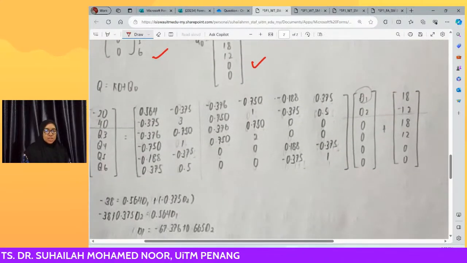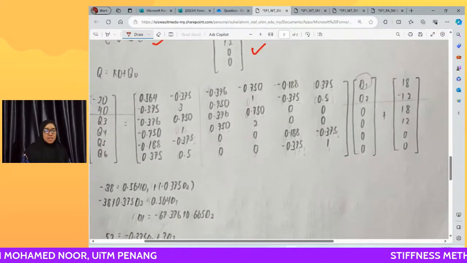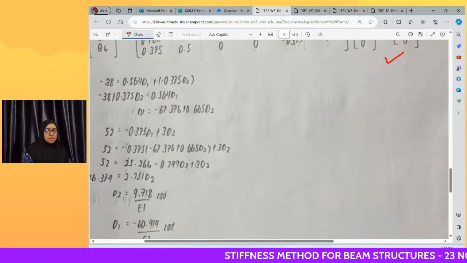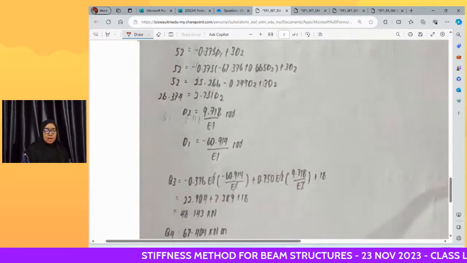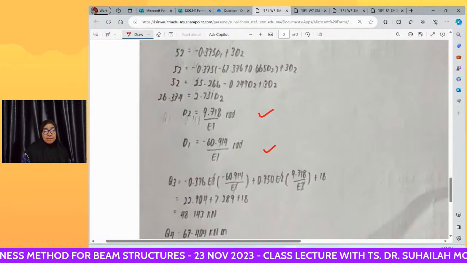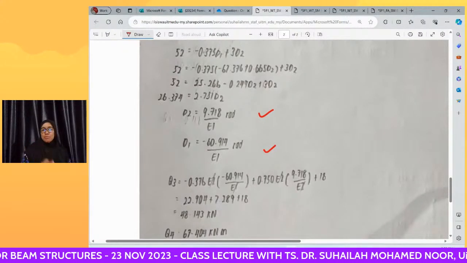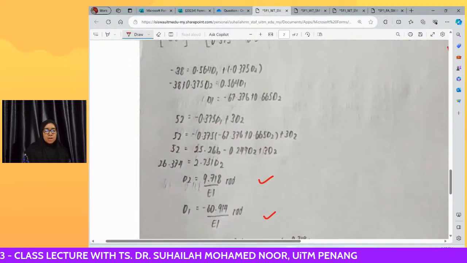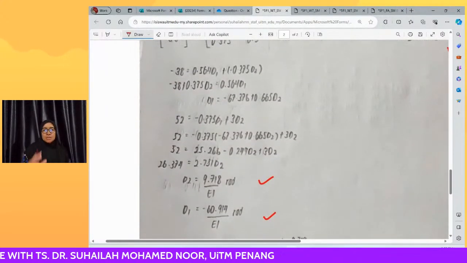Equivalent nodal forces. Stiffness equation for the beam. This is good, but you don't have to calculate it manually, because it will take your time.